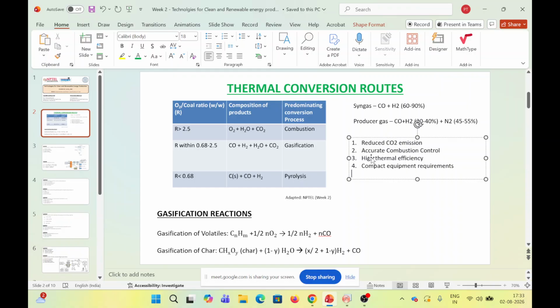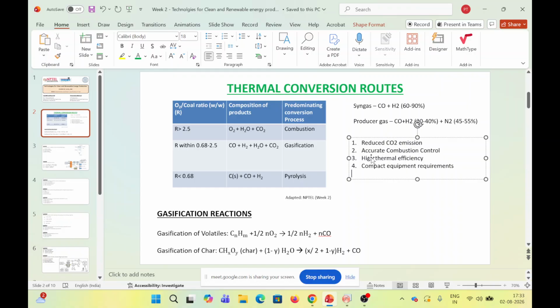So in case of the fluidized bed, since the bed over there is going to be in motion, that's why we call it a fluidized bed. The heat and mass transfer happens more efficiently, and hence lesser temperature may be required for the gasification process compared to that of your fixed bed.